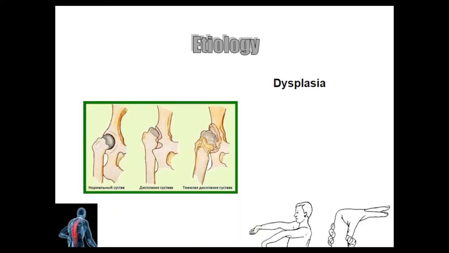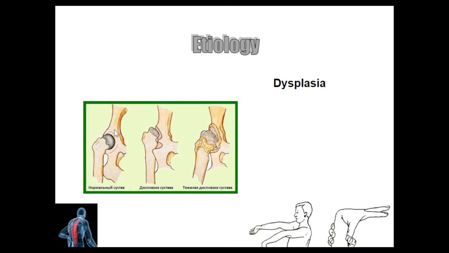Then it can be different congenital disorders. Most common is dysplasia, or connective tissue dysplasia. So it is an abnormal, genetically provided type of pathology when the collagen and elastic fibers are not developed properly.